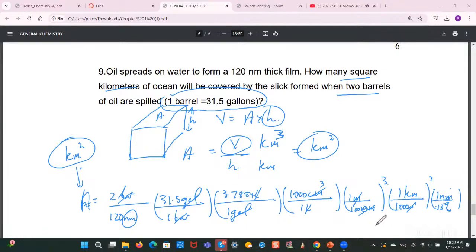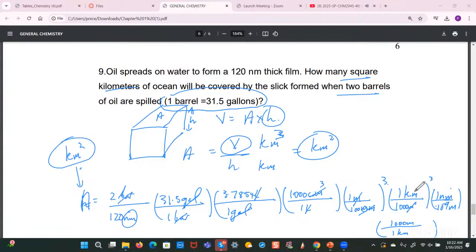And then I'm just going to continue down here. The last conversion factor is to convert the meters to kilometers. And of course, that would be 1,000 meters. So I'm going to put 1,000 meters down here and 1 kilometer below that.